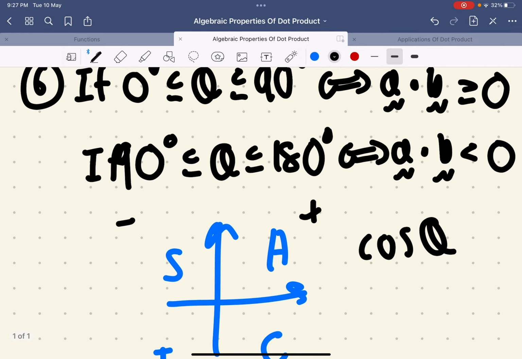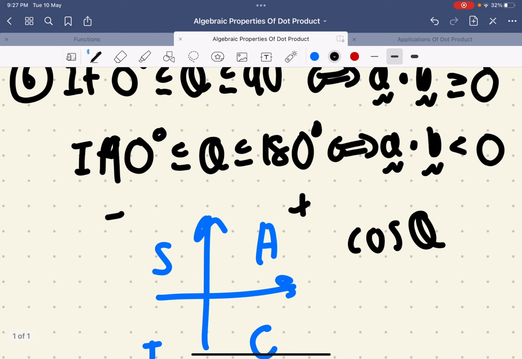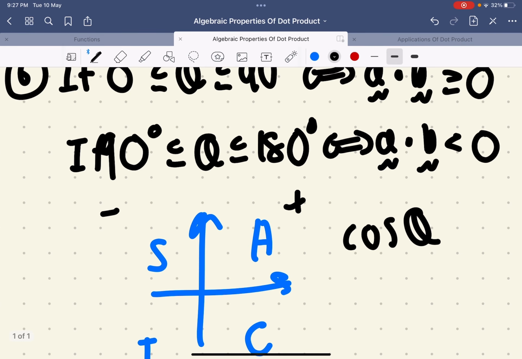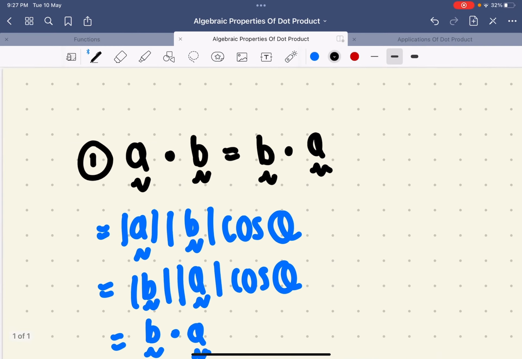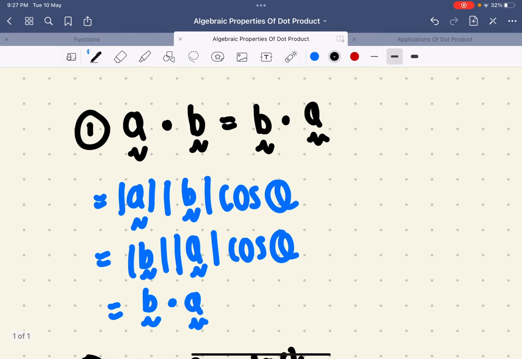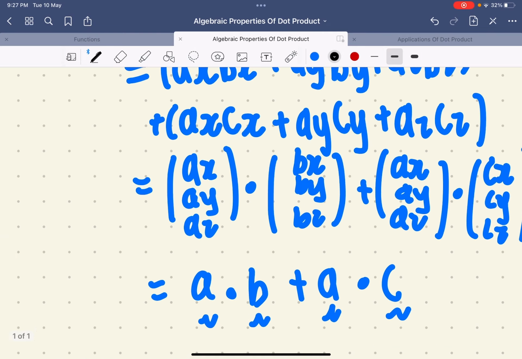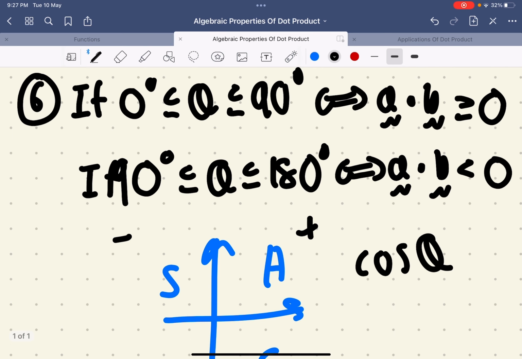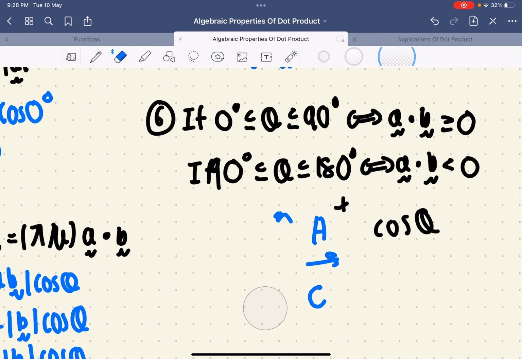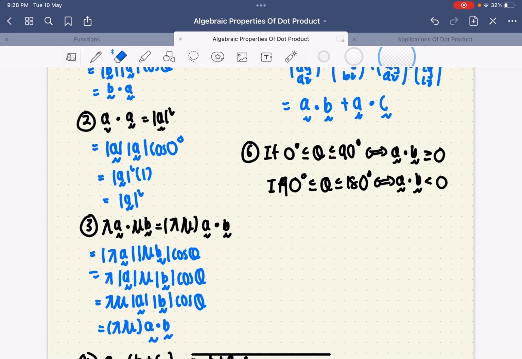So if theta is between 90 degrees and 180 degrees, obtuse, cosine theta will be negative, so A dot B will also be negative. Let's look back at the formula: A dot B equals mod A mod B cosine theta. If cosine theta is negative, A dot B is negative. The same logic applies when theta is acute. And this is an intuitive approach to understanding the algebraic properties of dot products.